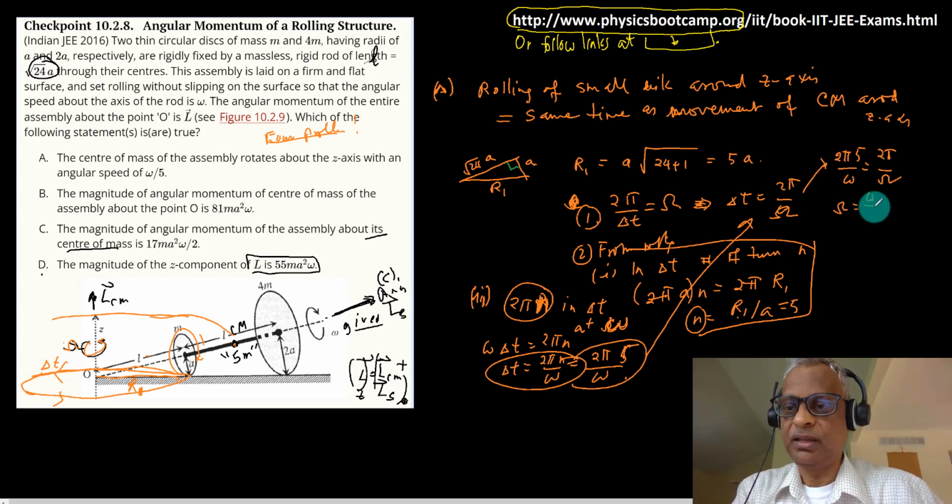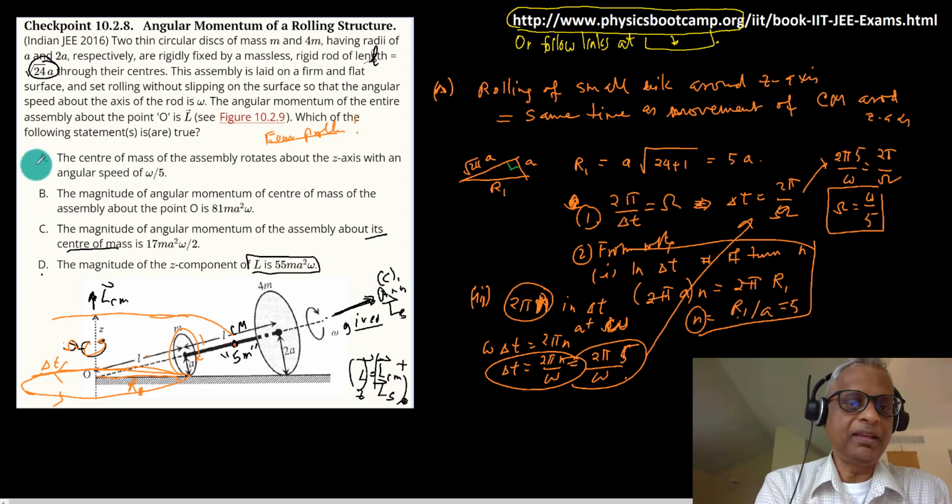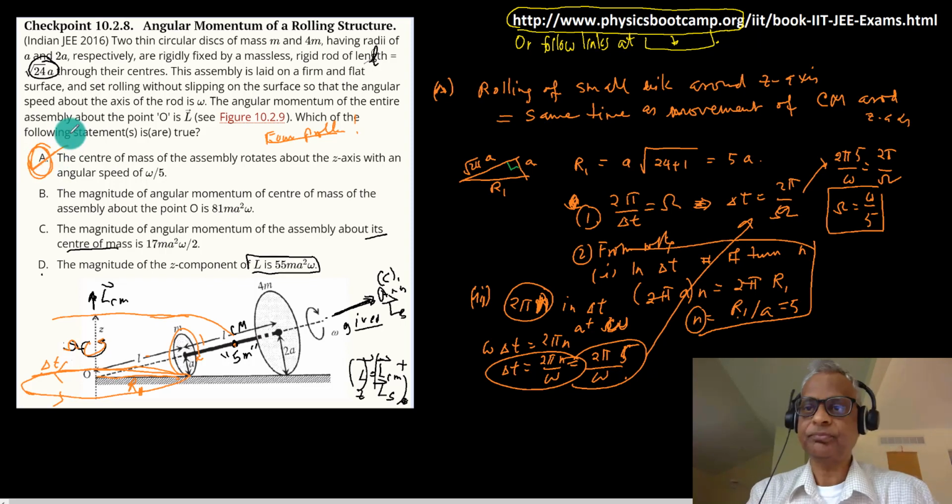Omega is indeed 1/5 as much. So this is a complete calculation that tells me A is correct. Okay, let me erase this and look at B now.